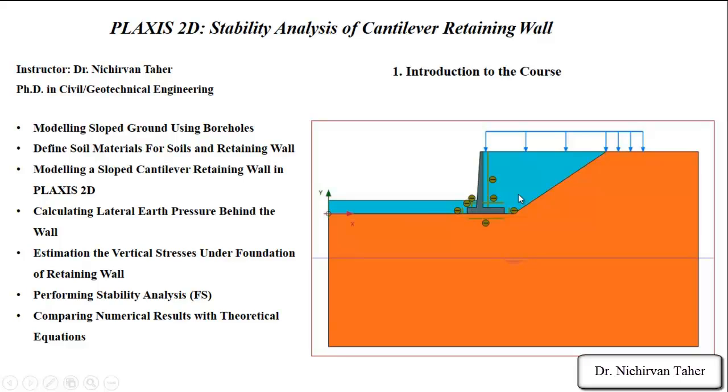wall. So what we will do in this example, we will model a sloped ground like this one, and we will define this sloped ground using a borehole, and after that we will define material properties for this soil and for the retaining wall and also for the backfill, and we will apply some surcharge load in here, as you can see.